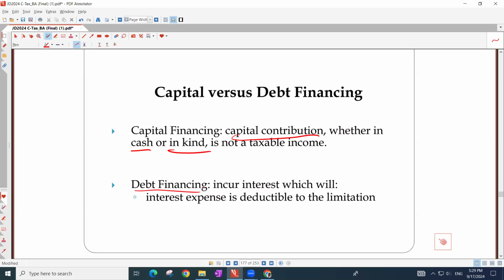Or you don't want to put in capital, maybe you choose debt financing. Debt financing sometimes is good, sometimes it's bad. Sometimes you have to do tax planning before you decide whether you contribute as capital or as financing.